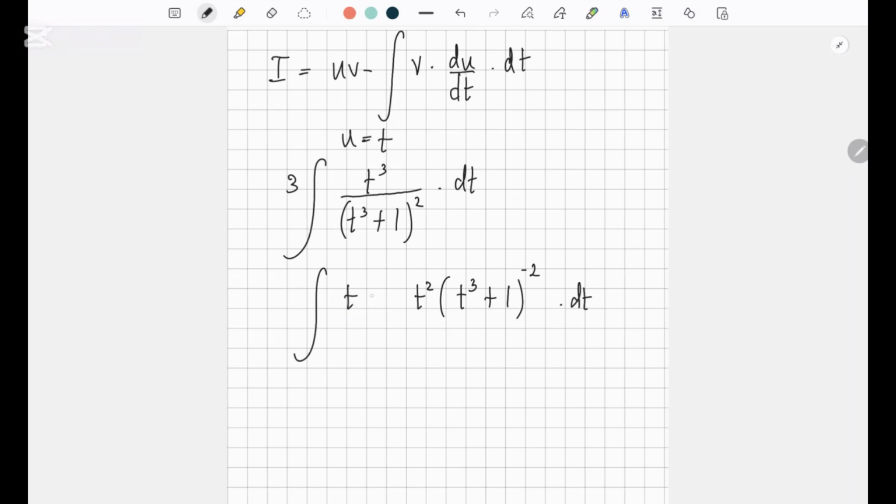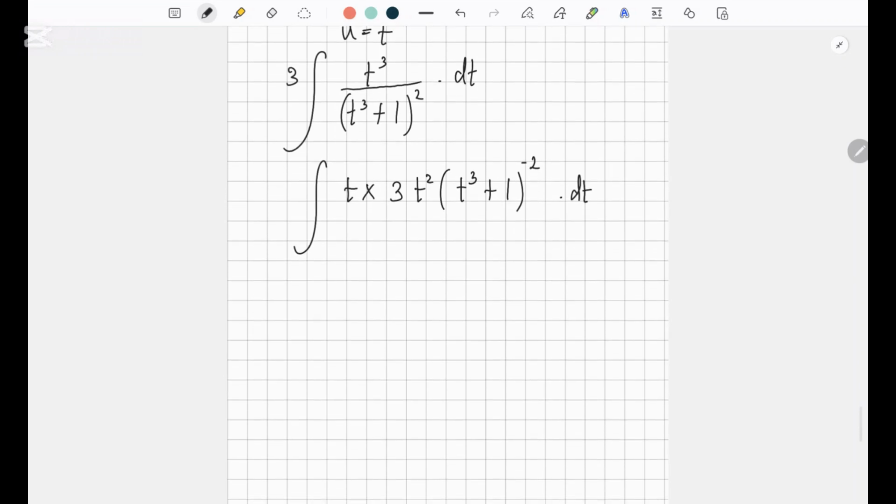I'll write t into 3t squared. You'll see why. Now I'll take u equals t and dv over dt equals 3t squared into (t to the power 3 plus 1) in brackets to the power minus 2. So du over dt equals 1, and now we need to find v.